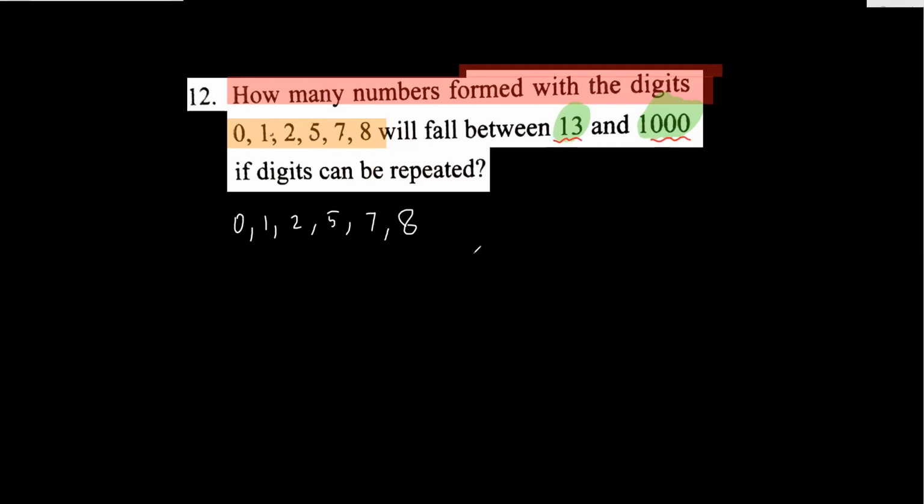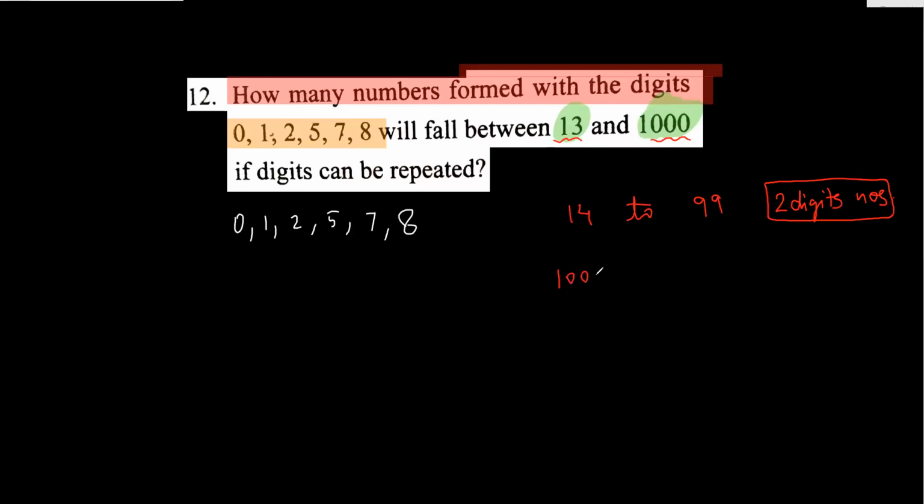Okay, now see 13 and 1000, how will you proceed? So 13 to 99, I'm sorry, between 13 and 1000. So 14 onwards, you can go ahead. So see 14 to 99, these are going to be two-digit numbers. You got that? These are two-digit numbers. You will have 14 to 99.